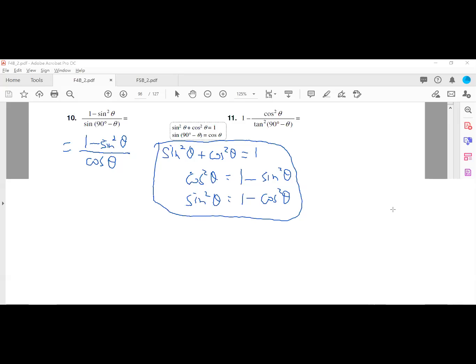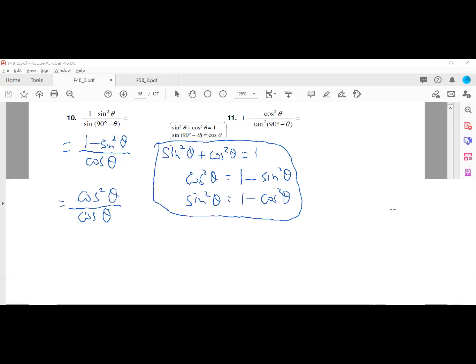Okay, so in this question number 10, for the top part, for the numerator, we have 1 minus sine square theta. 1 minus sine square theta becomes cosine square theta. Okay, and then the lower part is copied.